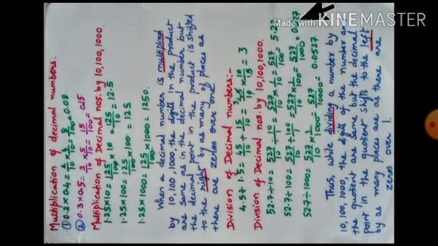After point 3 digits must be there. Now 52.7 divided by 1000 equal to 527 upon 10 into 1 upon 1000 equal to 527 upon 10,000 equal to 0.0527, because there are 4 zeros here, so after point 4 digits must be there.